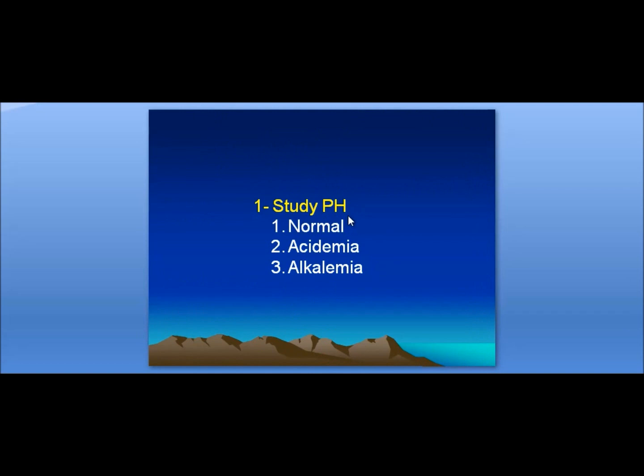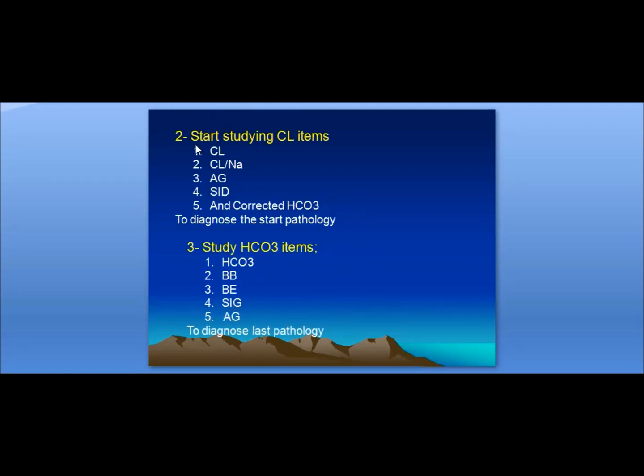To study the pH, for sure, see whether it is normal, acidemia, or alkalemia. Start studying the chloride items. Number 2, as I've mentioned before: serum chloride, chloride sodium ratio, anion gap, strong ion difference, and corrected bicarbonate.